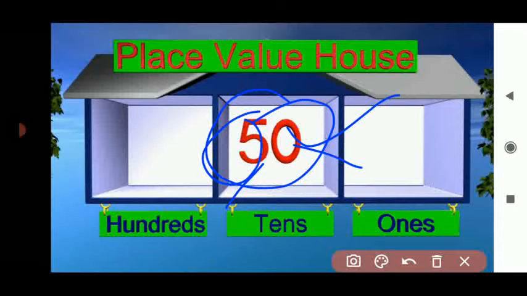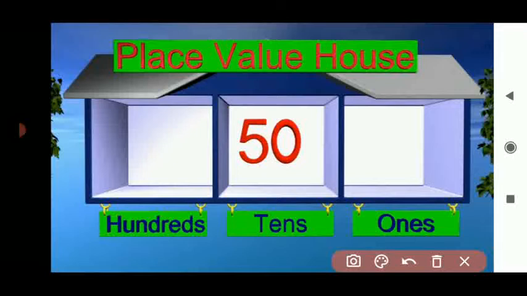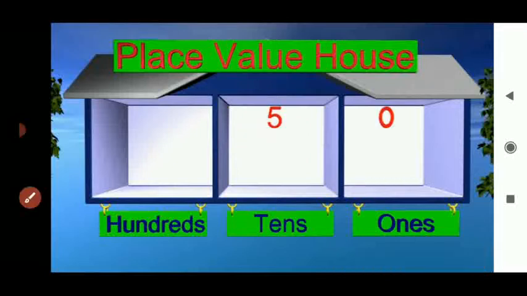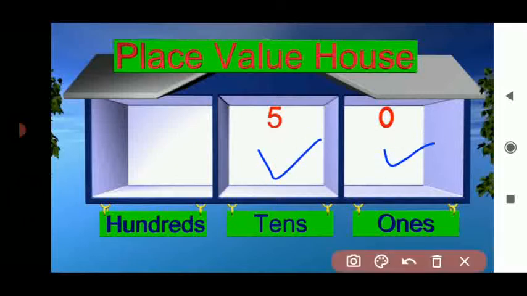Now, let us look at the number 50 using the place value blocks. If we put it in the separate rooms, it will be like this. We will put 0 in the ones place and 5 in the tens place. So, 5 tens is equal to 50.